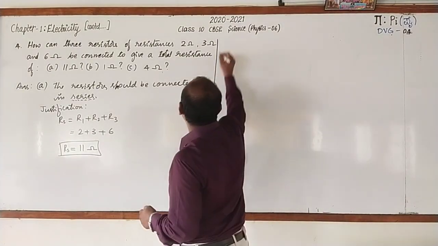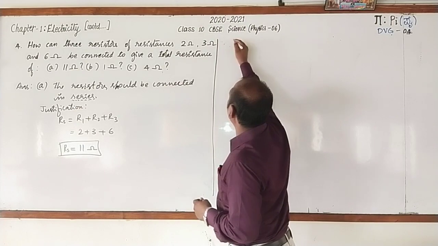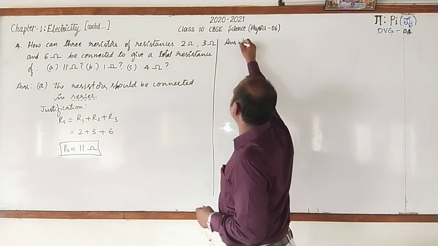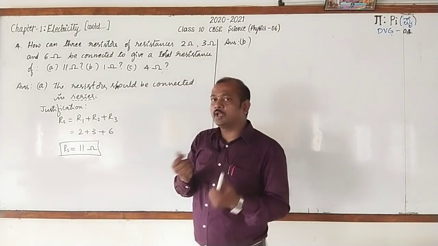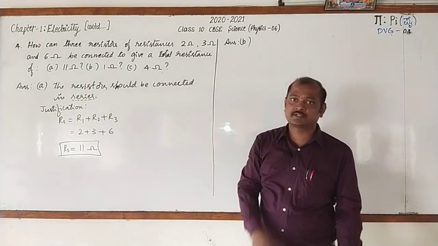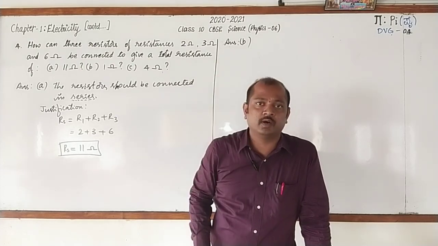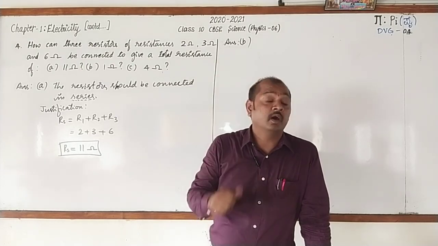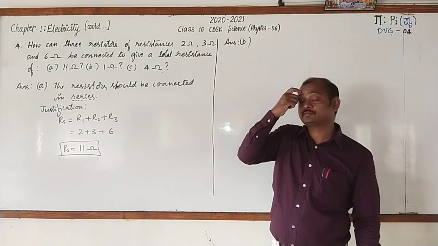Next, let's go for answering second one. Answer for second question. 1 ohm. Among these, 1 ohm is the lowest. To get the lowest value of the resistance, how you are going to connect the resistors? Yes, it is.